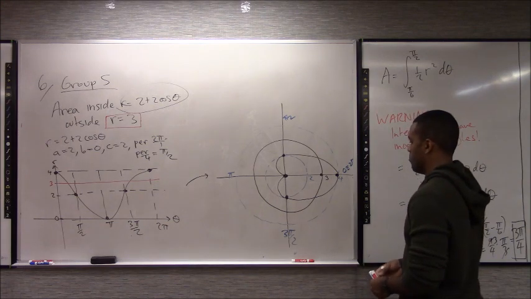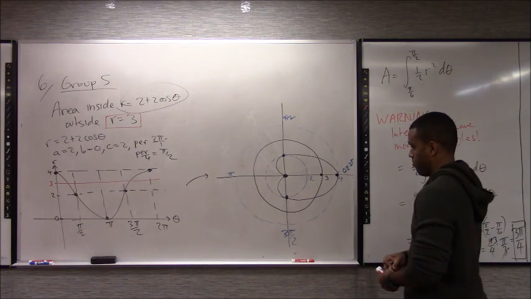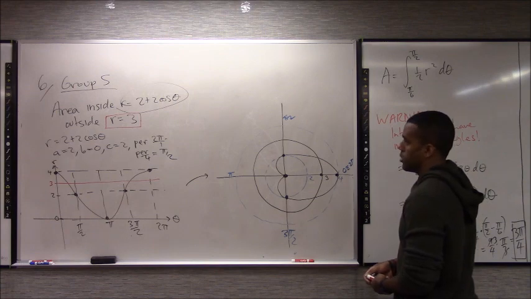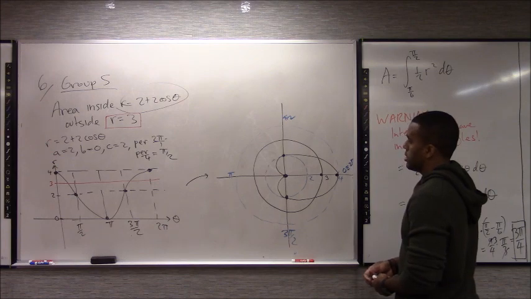Alright, where do you want? So we have to find between pi over 2 to 3 pi over 2. Come again? You want to be outside the circle, but inside that cardioid, it's called.